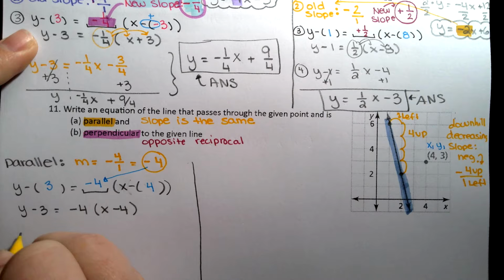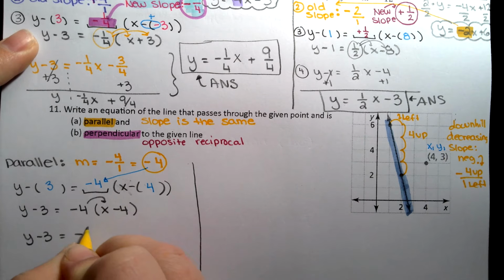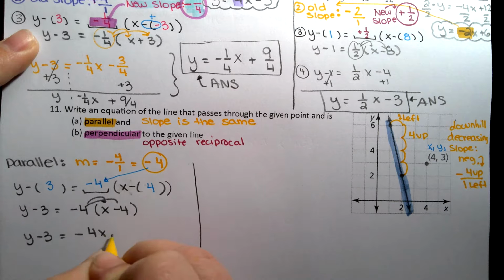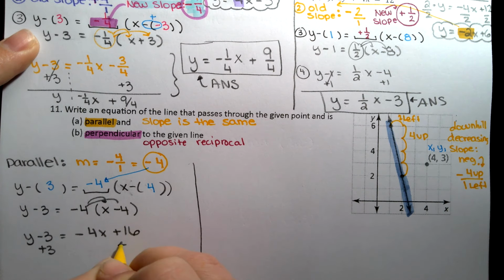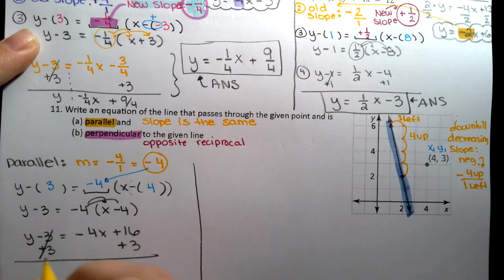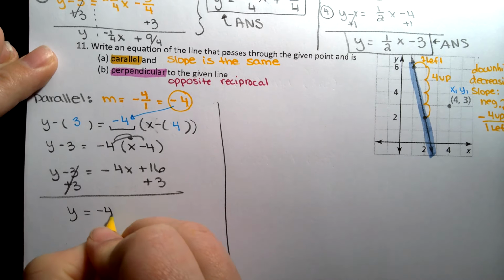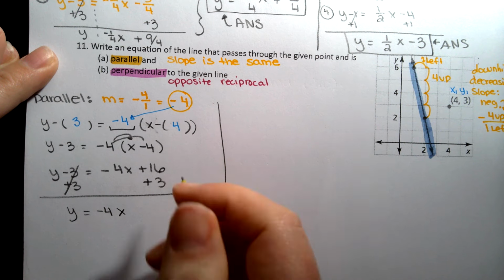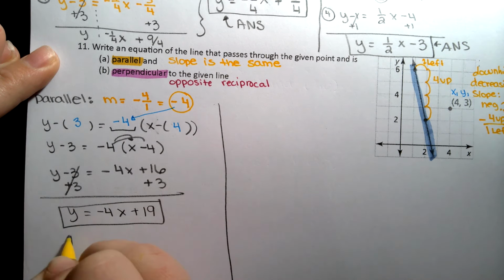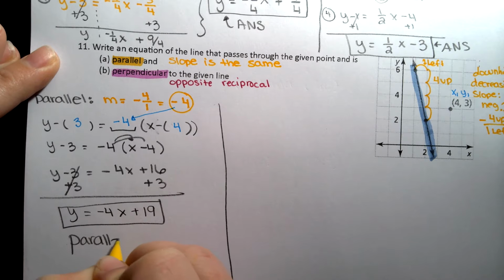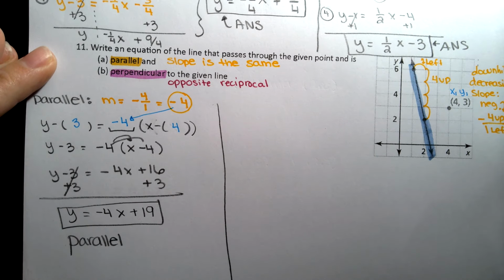And again, we continue to solve by distributing that negative 4. Positive 4 times 4 is 16. Add 3, add 3. Y is then equal to negative 4x plus 19 here for our parallel equation. Okay, why is it parallel? It has the same slope.